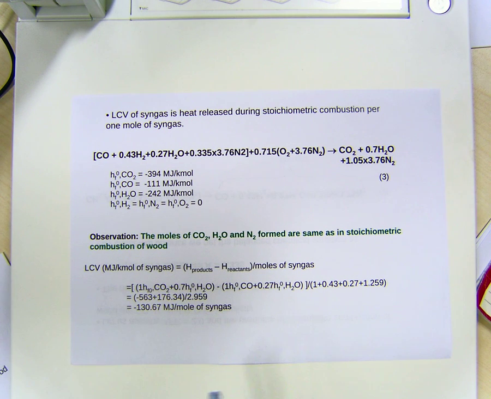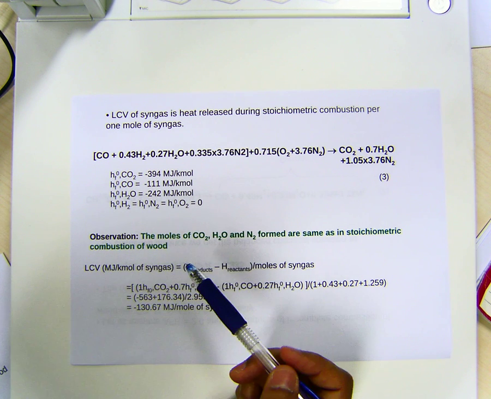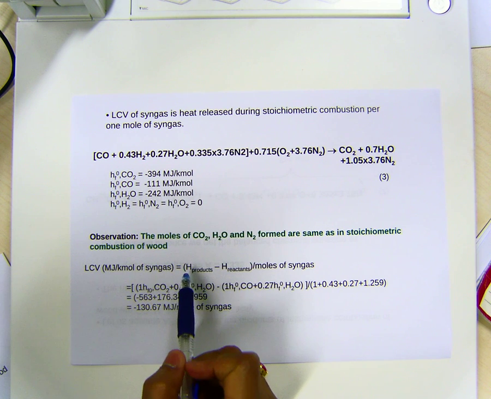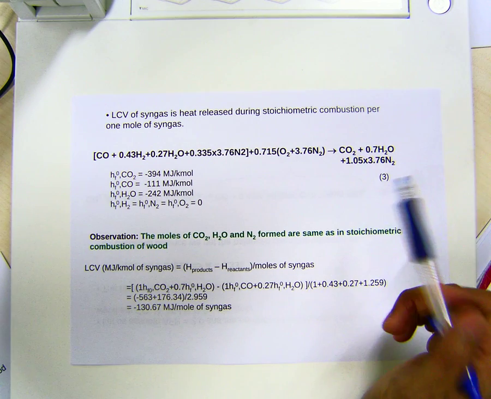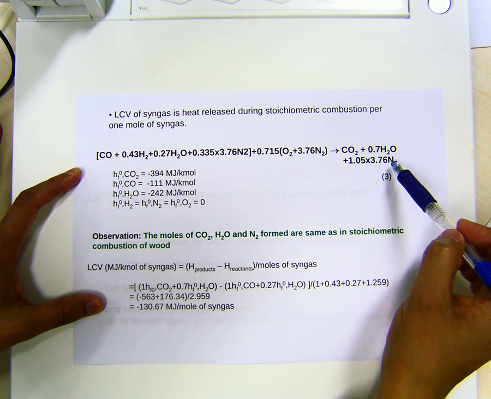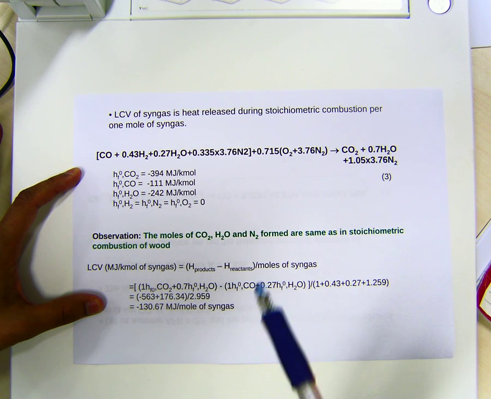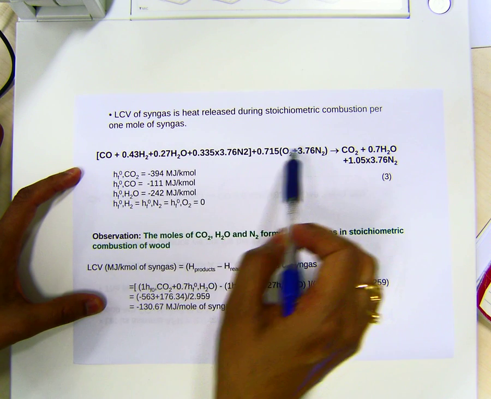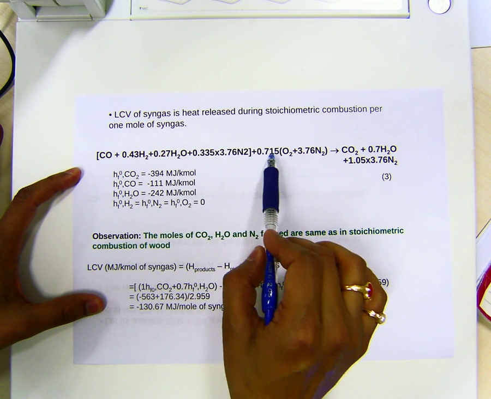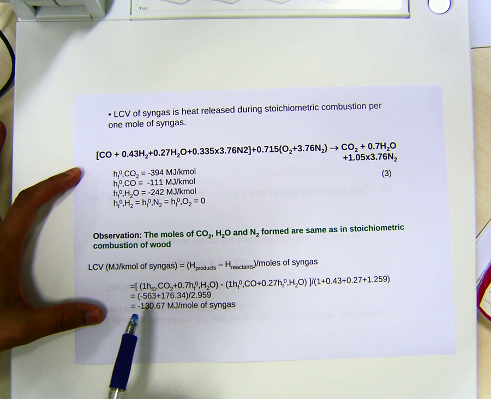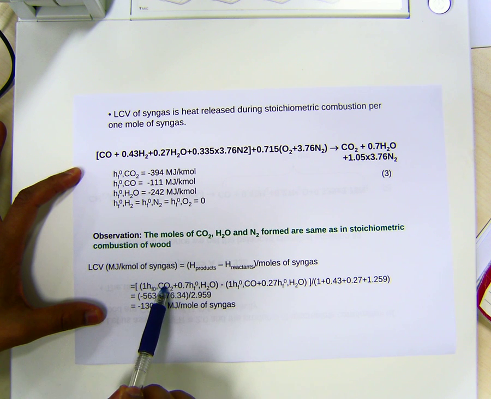So how do you calculate LCV? We need to determine the total enthalpy of the products, which are CO2, H2O, and of course N2, and the total enthalpy of the reactants, which are the syngas and air. We know all the heat of formations, multiplied by the number of moles.